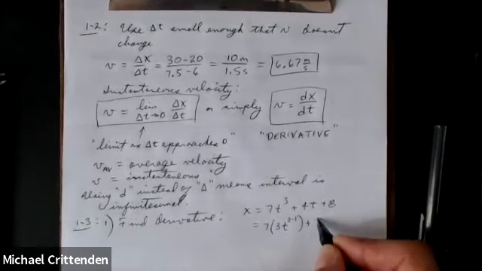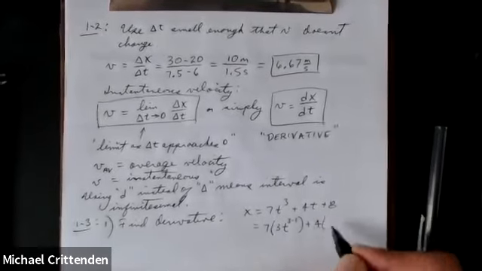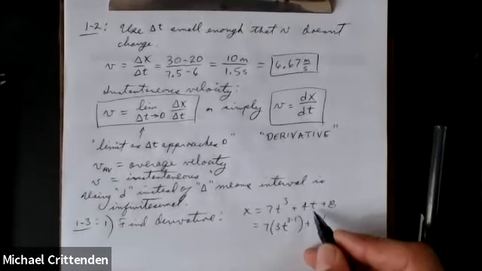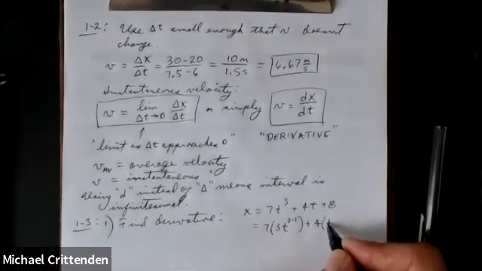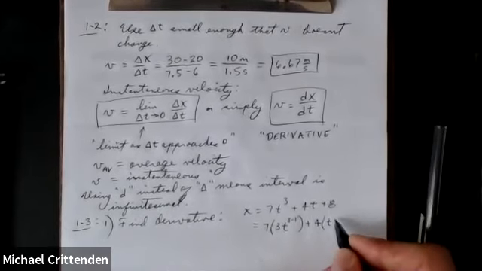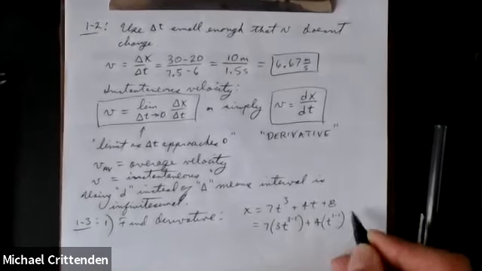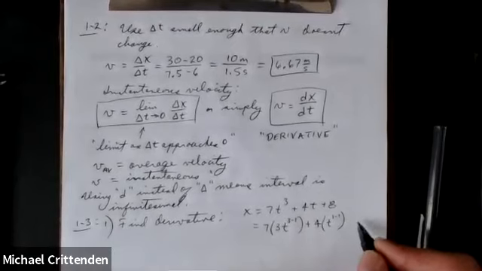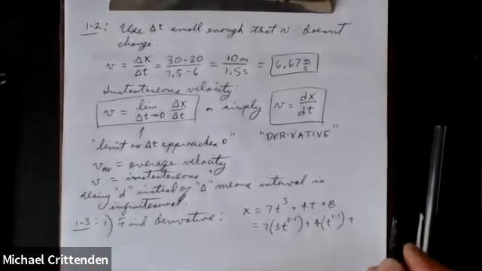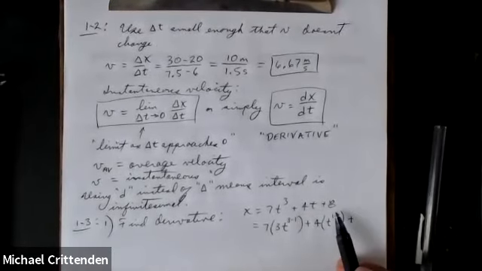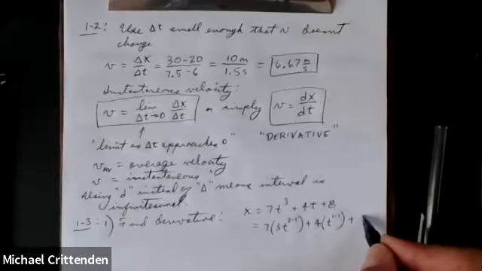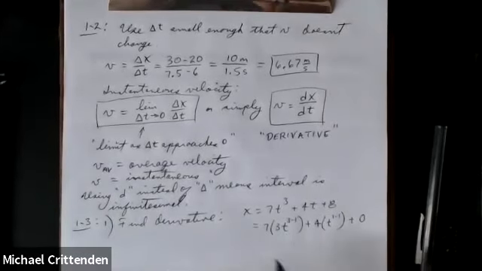The 4 just gets recopied. t means t to the first power. So again, reducing the exponent by 1 would be t to the 1 minus 1, t to the 0 power. And on the end, 8 is a constant. The derivative of a constant is 0.